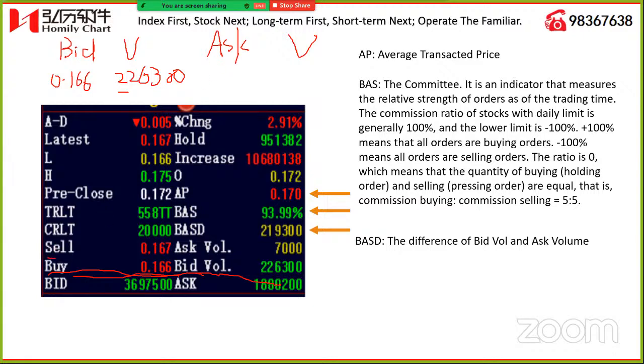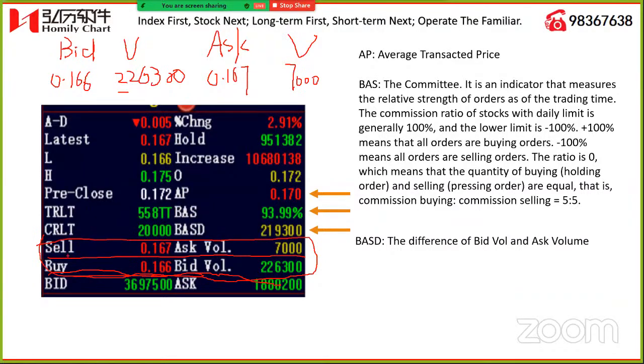And from the sell and ask volume here, there are sellers who want to sell at 0.167, and there are only 7,000 shares waiting to be sold. So these are the two pieces of information.